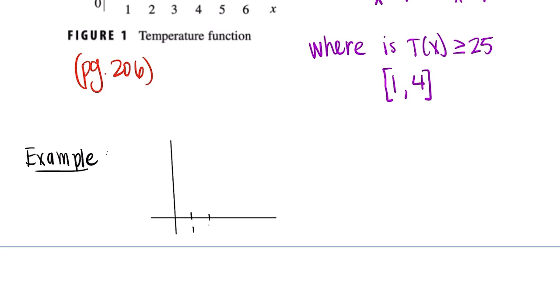I start at 1, and then at 3 it's going to go up to 2, at 5 it's going to go back down, and the graph's going to do something like that. So this is my entire graph. I want to know what is the domain and what is the range.